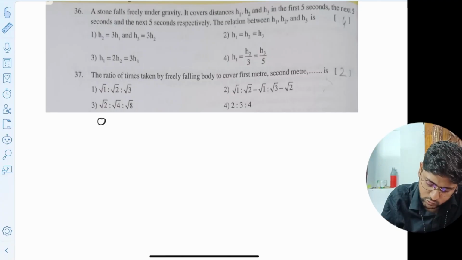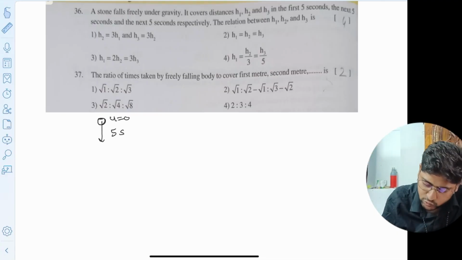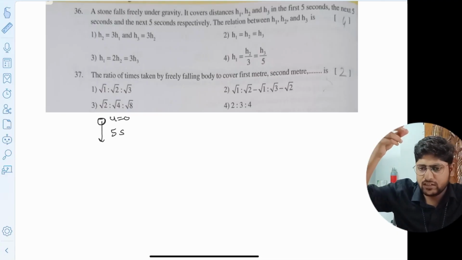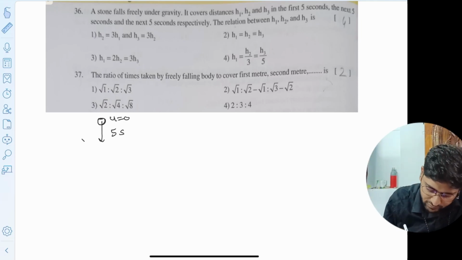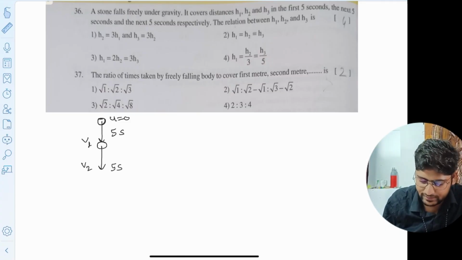Suppose this is our stone. It falls for the initial 5 seconds. When it falls freely, it means initially u equals 0. When it has fallen 5 seconds, some velocity v1 will be there. After that, it again falls 5 seconds. Here velocity v2 will be there.